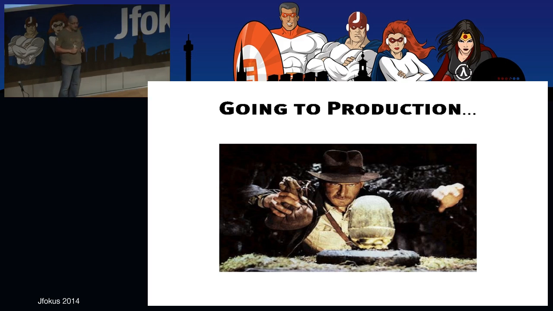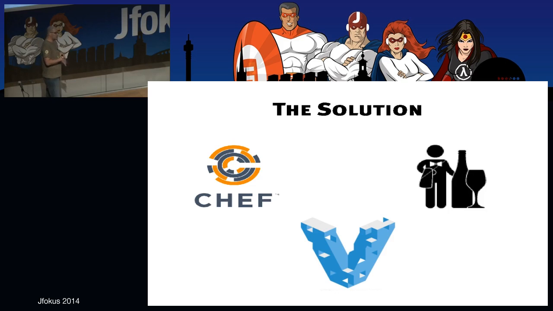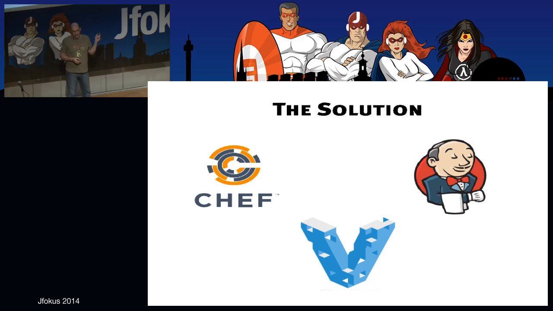Next step is how do I take this stuff to production? I need to be sure that whatever runs in my VirtualBox will run in production in the exact same way. And for that we need the third guy, and the third guy, as you probably guessed, is Jenkins.